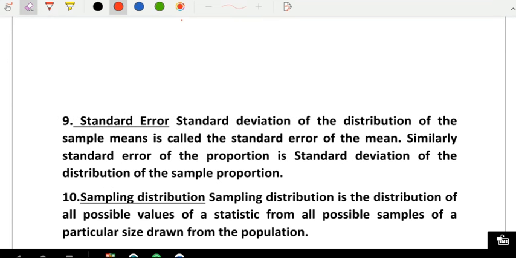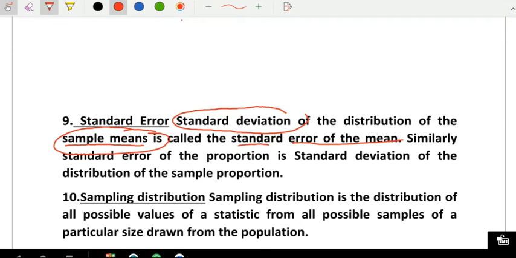Now we have to see what standard error is. A standard error is nothing but the standard deviation of the distribution of sample means. You have to keep this in mind. The standard deviation of the distribution of sample means is called the standard error of the mean.